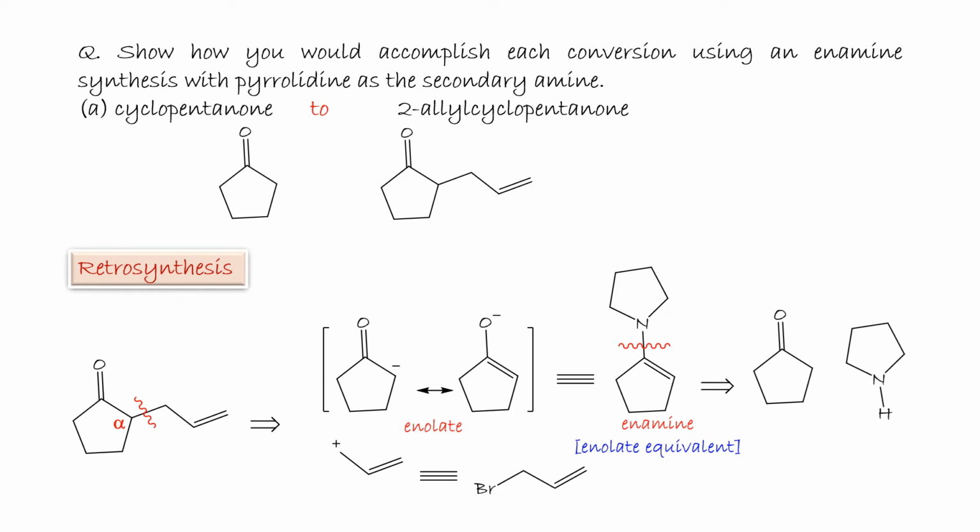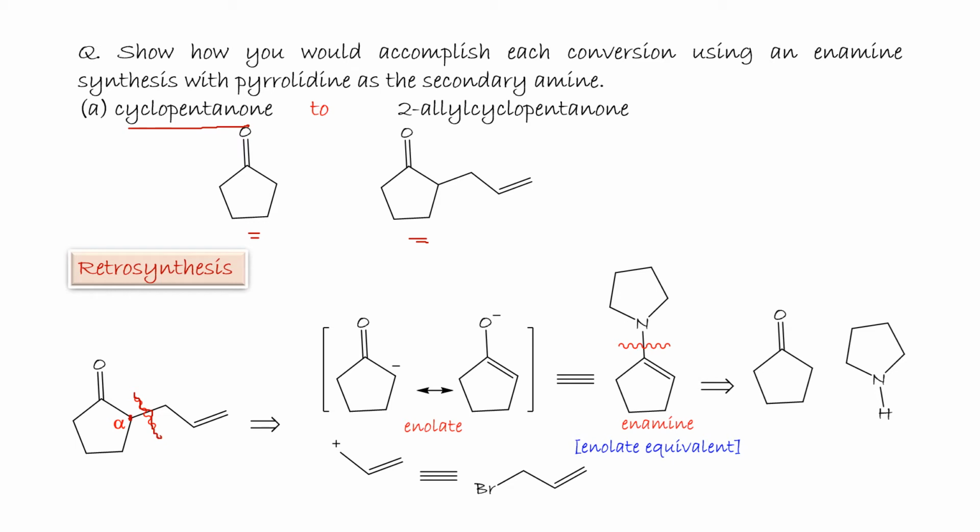Show how you would accomplish each conversion using an enamine synthesis with pyrrolidine as a secondary amine. How can you transform cyclopentanone to 2-allyl cyclopentanone? Starting with the target molecule, in this disconnection approach, this is the alpha position to carbonyl, so we will cleave on that.